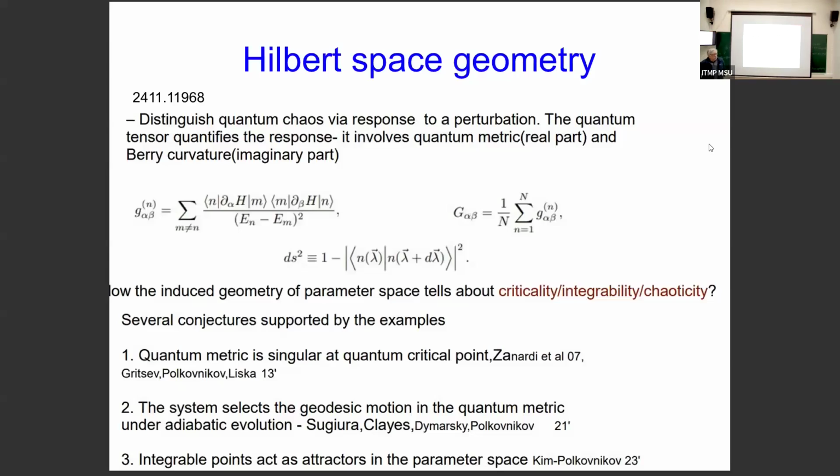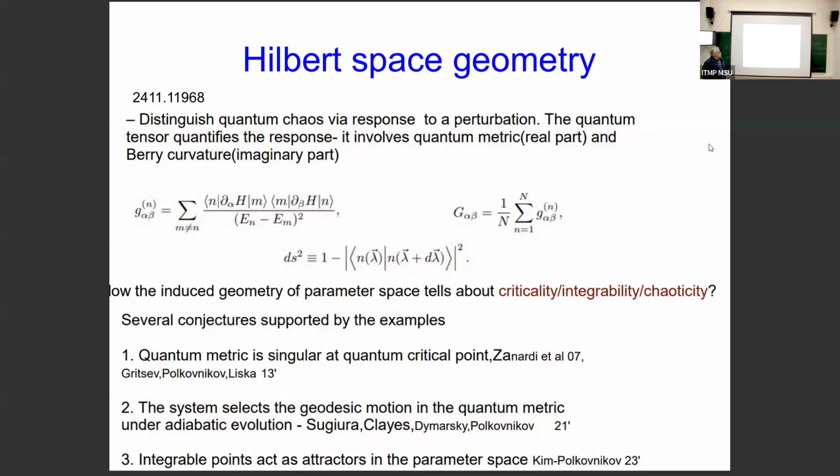Let me now turn to the second point of my talk. It's our paper with several co-authors. We consider quite a generic system, and we will discuss once again the matrix Hamiltonian. We consider some matrix Hamiltonians and evaluate the so-called quantum metric.